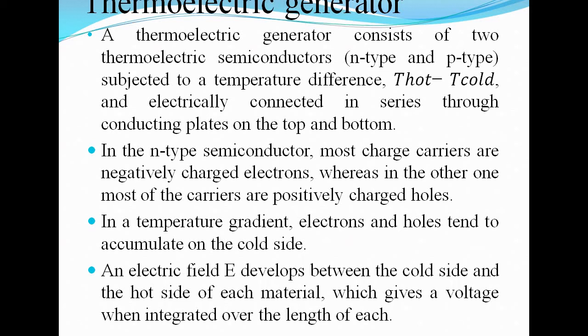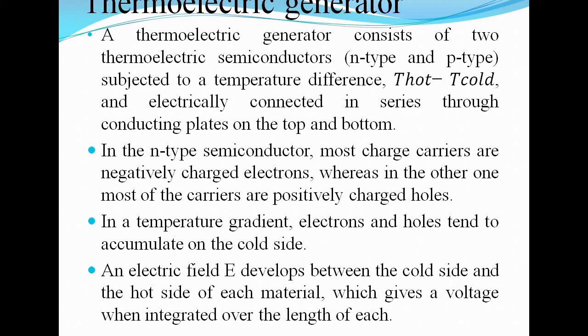So we have seen that there is N type and P type material subjected to temperature difference T hot and T cold, and electrically connected in series through conducting plates on the top and bottom. In the N type semiconductor, most charge carriers are negatively charged electrons, whereas in the other one most of the carriers are positively charged holes.